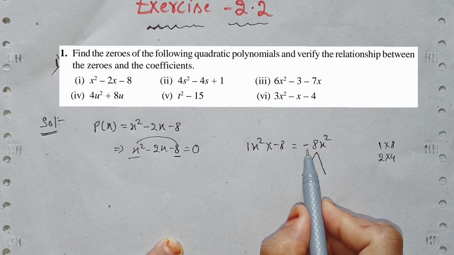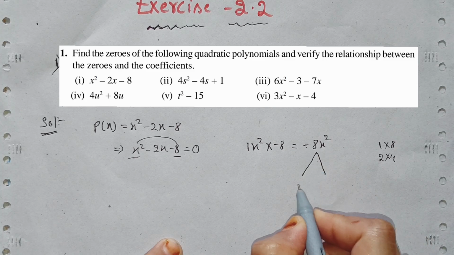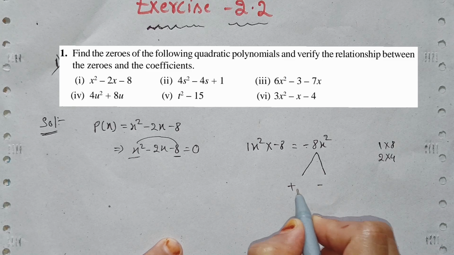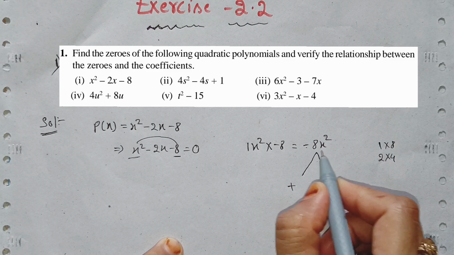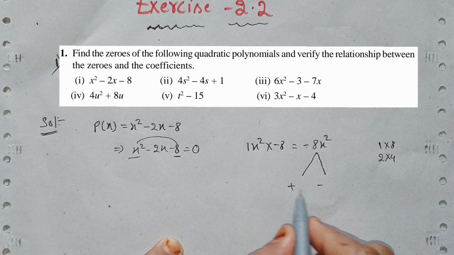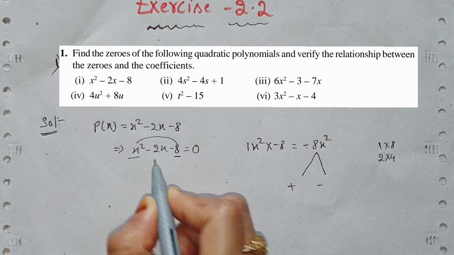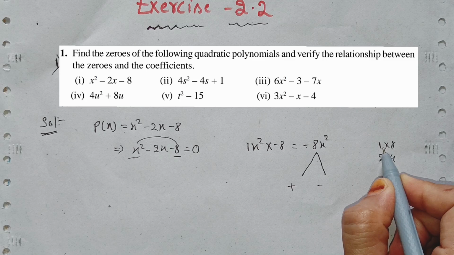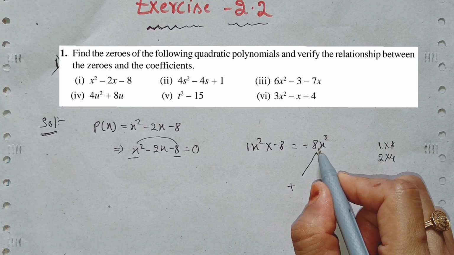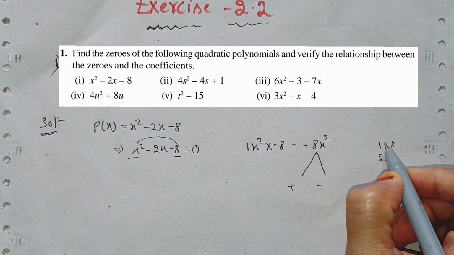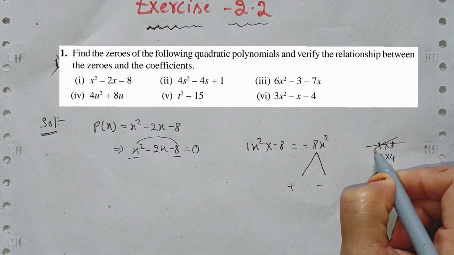Here the minus sign is there, which means we have to take one positive sign and one negative sign. If you do the multiplication, you have to get 8, and if you do the difference, you have to get minus 2 as the result. If I take 8 and 1, 8 ones 8, this is possible, but 8 minus 1 is 7, and here 2 is there, so we don't have to take this one.